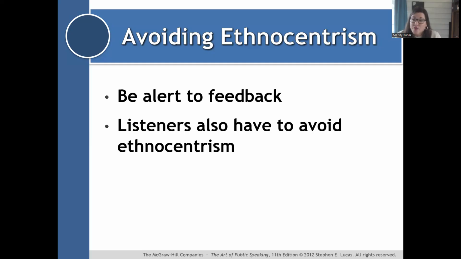And listeners also have to avoid ethnocentrism. If I am only going to listen to people who are from where I'm from and are of my age and have a similar background to me, I'm not going to learn anything, right? And we come to college to have our belief systems challenged and in a lot of ways fortified. You may come out of here believing what you would have put down on paper that you believed when you got here, but now you believe it even more intensely because it's been challenged just by sheer virtue of being exposed to other belief systems, right?